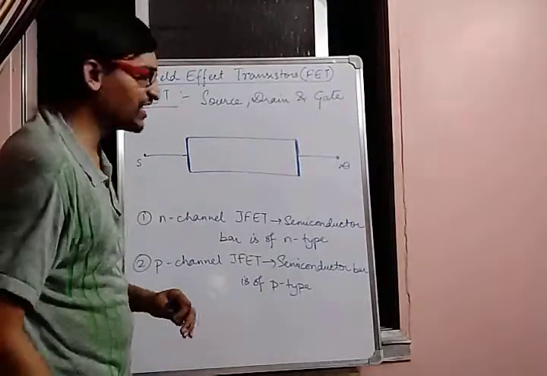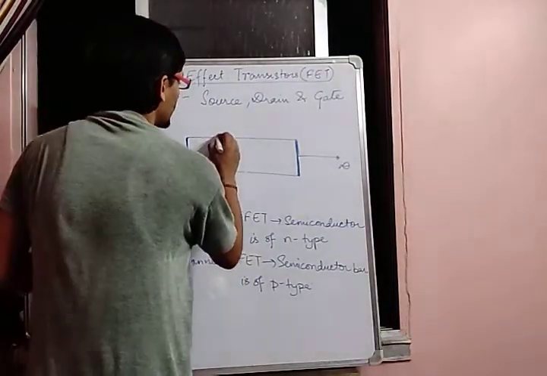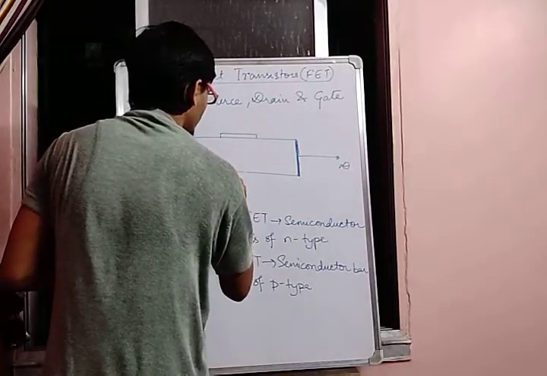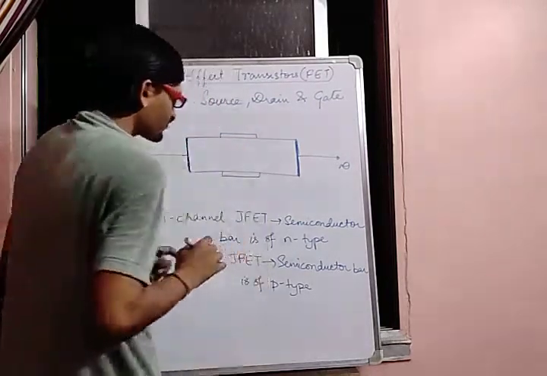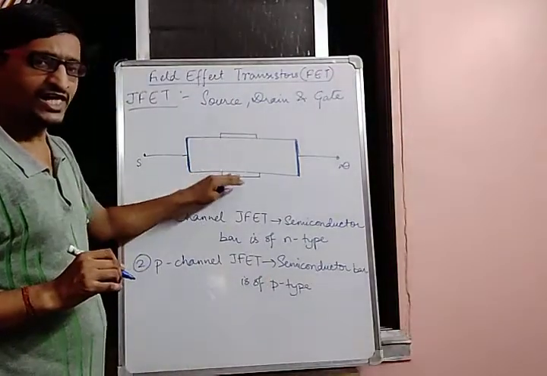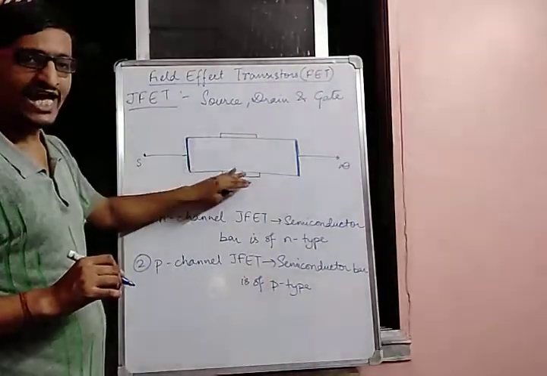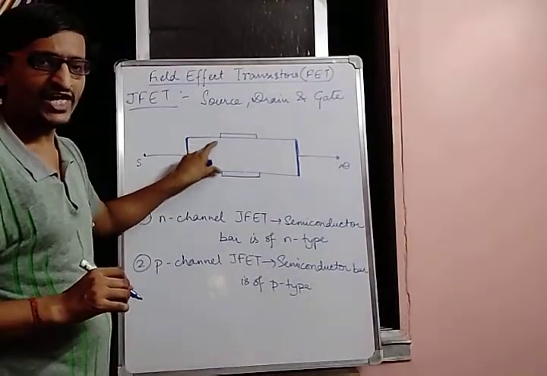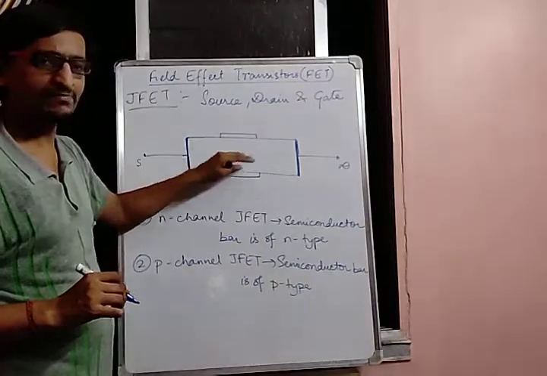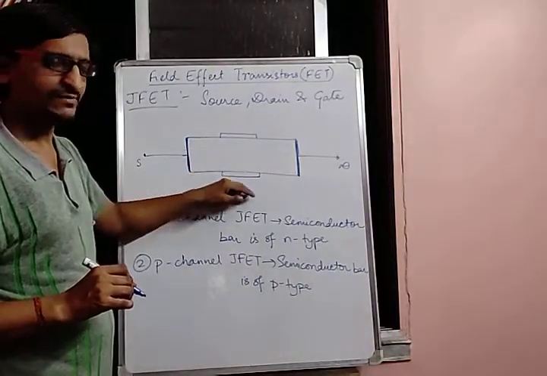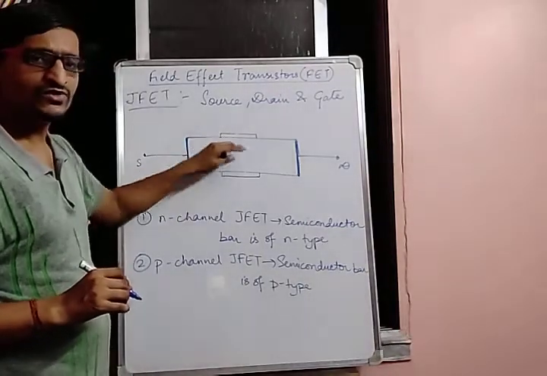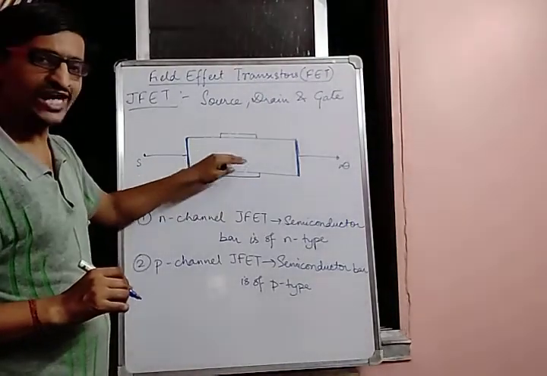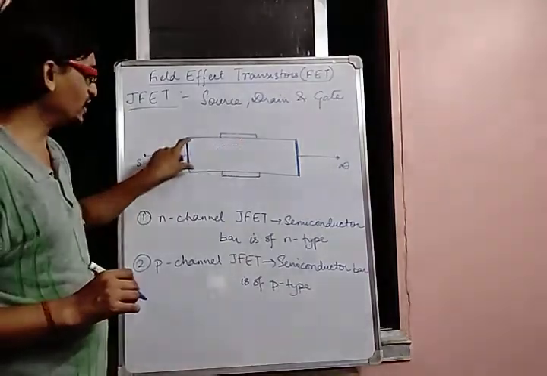What about the third terminal? The two sides of the semiconductor bar consist of two semiconductor layers having impurities opposite to that of the channel, opposite to that of the semiconductor bar.